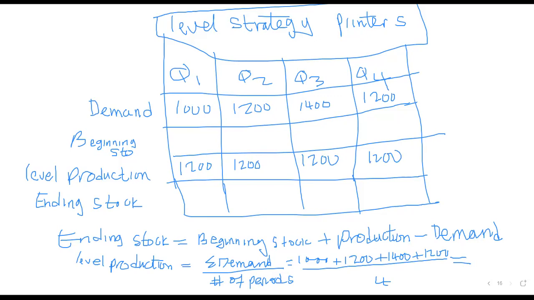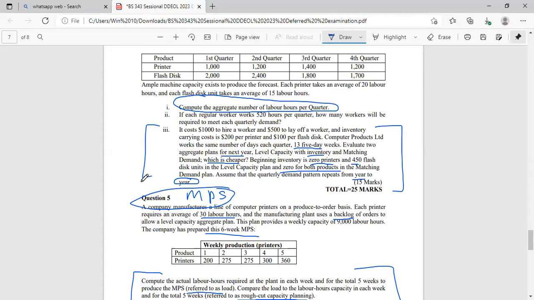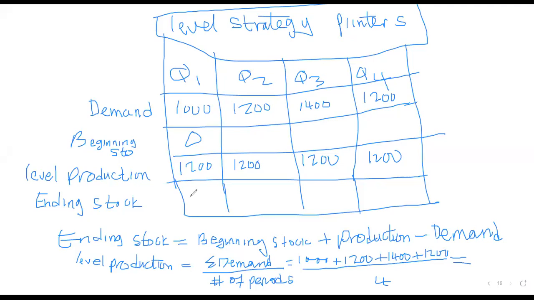Then the aspect of checking for printers: we have the beginning inventory, and we have the two plans, level capacity and matching demand with the inventory. For level capacity, we are only considering the beginning inventory. The beginning inventory is 0 for printers. Our ending stock will be 200 when we add these two, using the formula for ending stock.